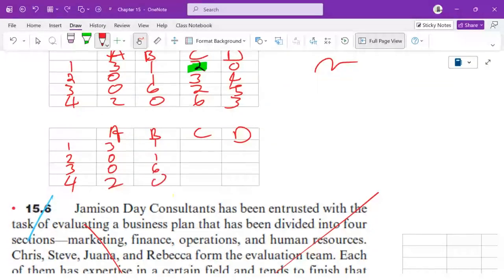This becomes 0. This becomes 1. This becomes 0. This becomes 4. And 0, 4, 5, and 3.